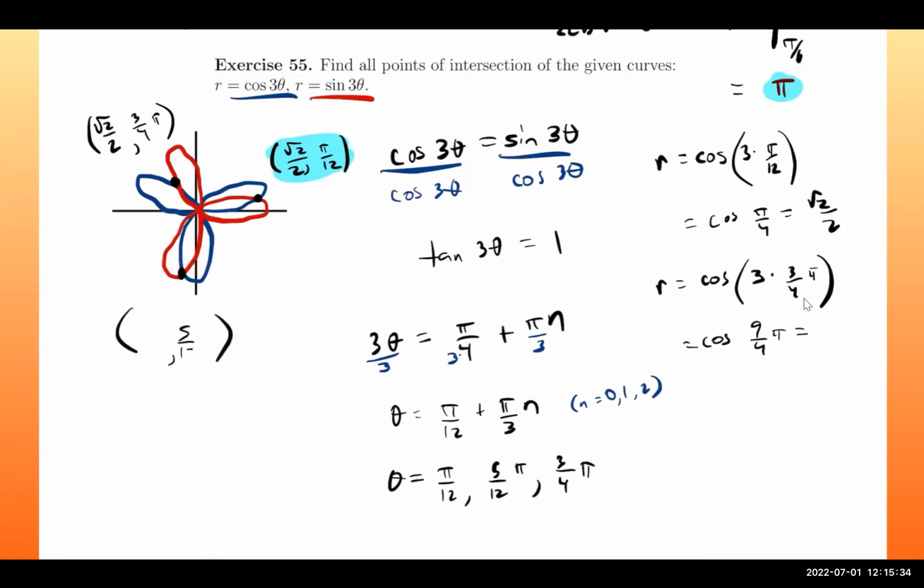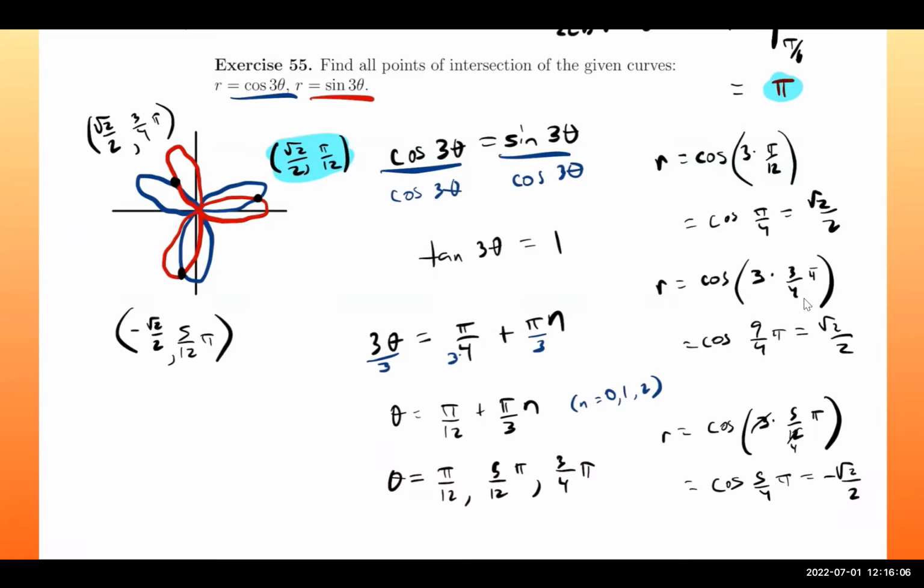And then the last one is the one down here. That would be 5/12 pi. If you plug 5/12 pi into the same equation, you are going to get cosine of 5/4 pi, which is down in the third quadrant, and that is negative radical 2 over 2.